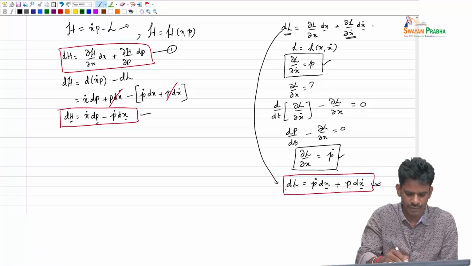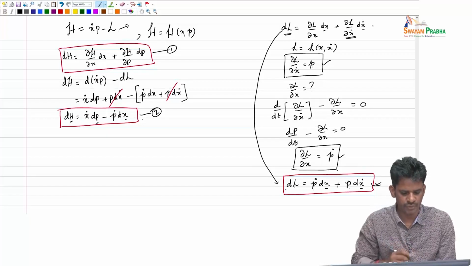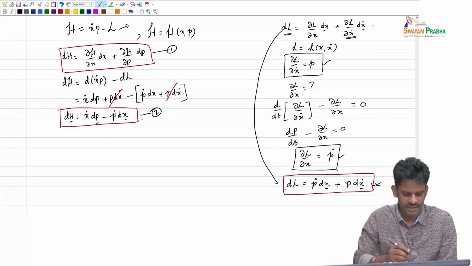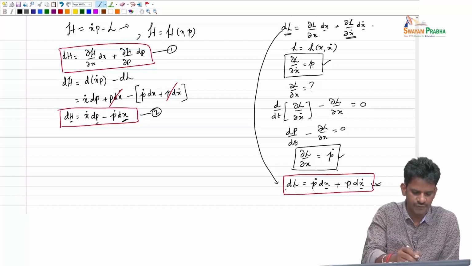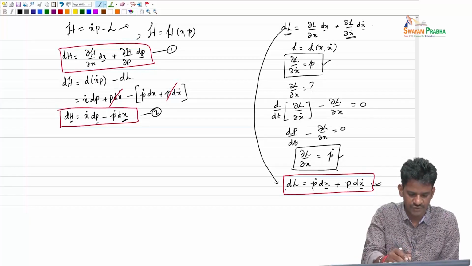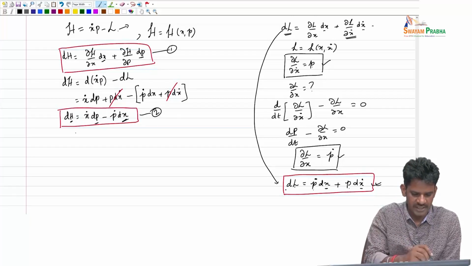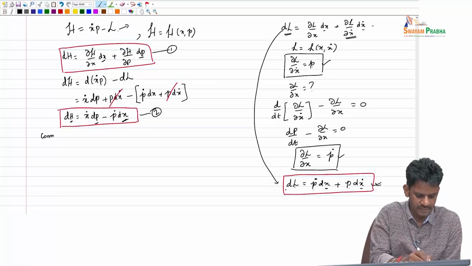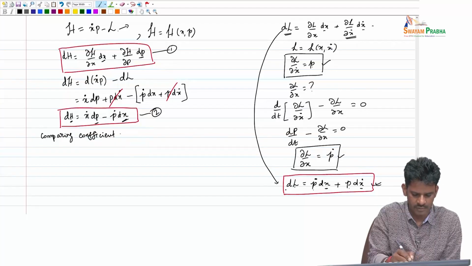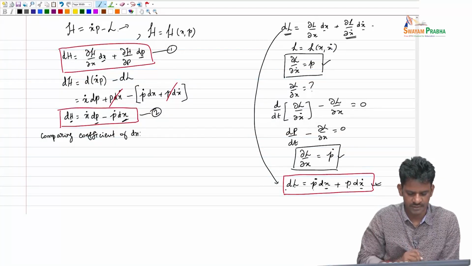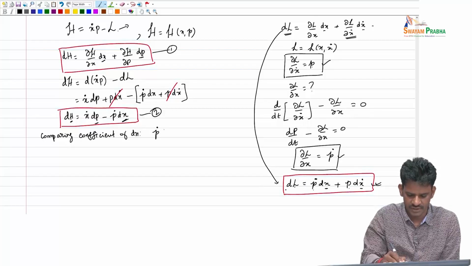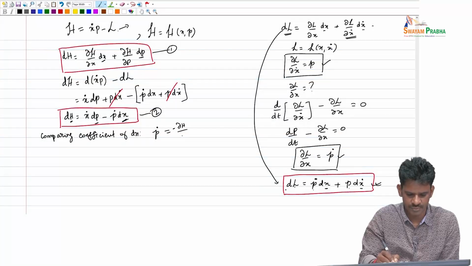So, now let us compare 1 and 2. When you compare 1 and 2 component-wise, you can see the coefficient of dx here and the coefficient of dx should be the same. Similarly, the coefficient of dp here and the coefficient of dp should be the same. And when you compare, you can show that, comparing the coefficient of dx, you get ṗ is equal to minus ∂H/∂x.